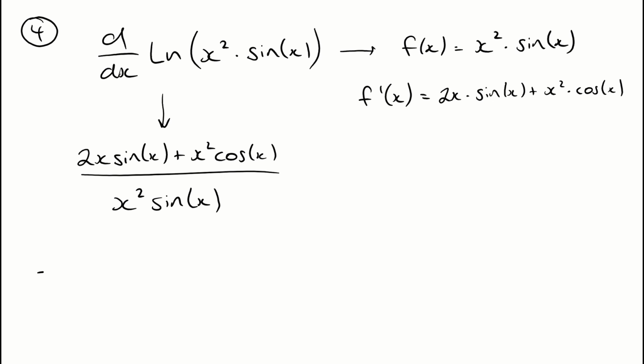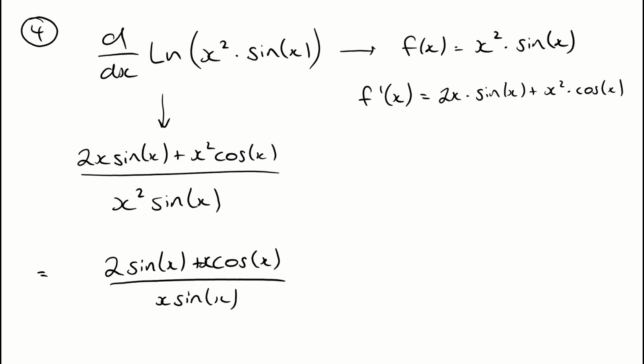Now I can simplify this down a little bit because there's a common factor of x in every term. So if I divide everything through by x, I just get 2 times the sine of x plus x times the cosine of x, divided by x times the sine of x.